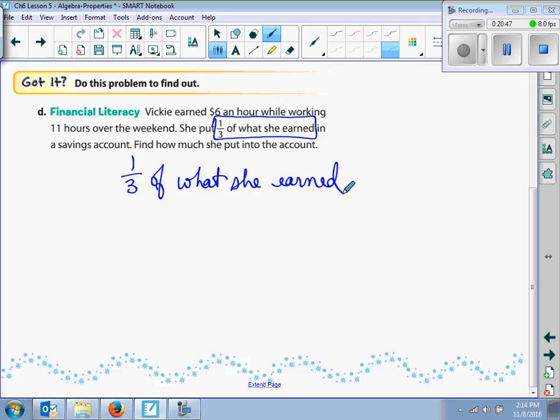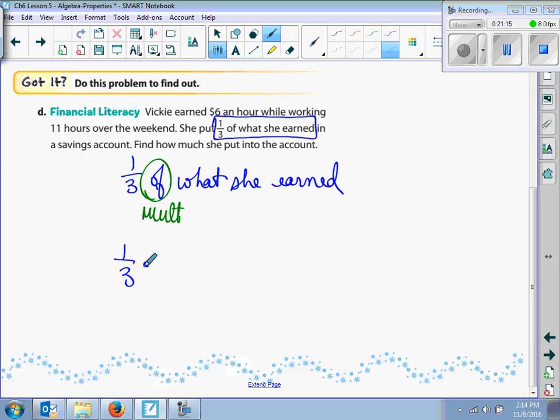Okay? Now, in that phrase, what does that of mean? Of in math means multiplication, right? So this means multiply. Okay? So 1/3 times what she earned, right?